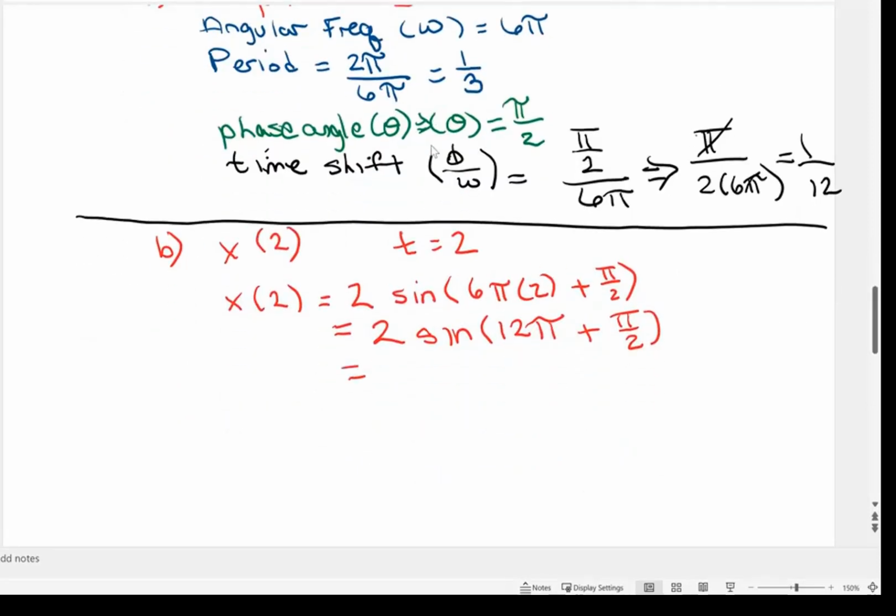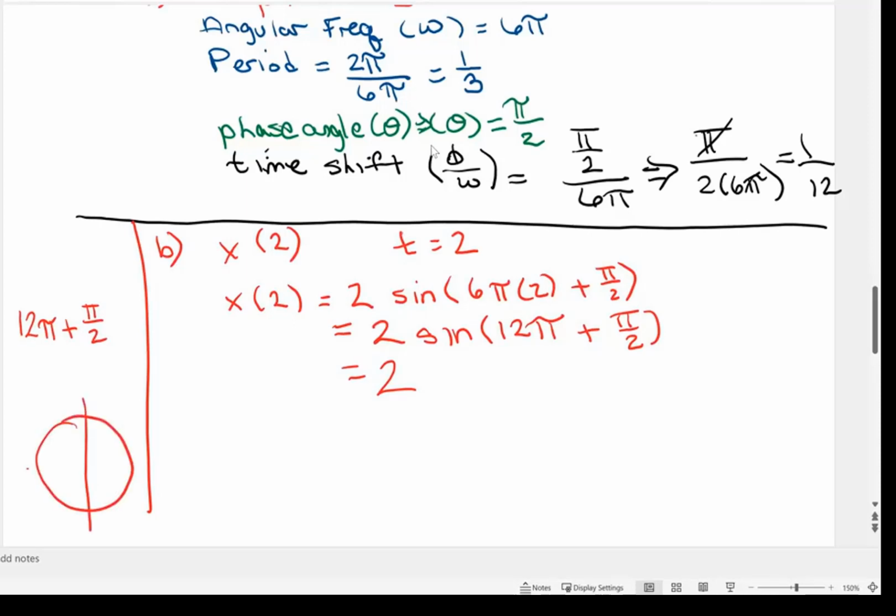Well, if you remember coterminal angles, if I have 12 pi plus pi over 2, remember that on my unit circle, if I start here and I go around the circle one time, I have 2 pi. So every 2 pi, I'm going around the circle a full cycle.